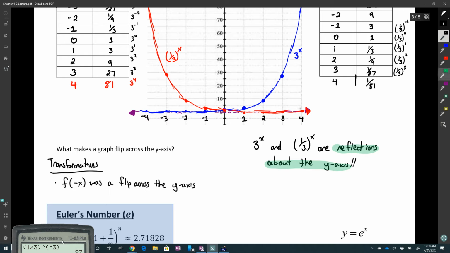So a flip across the y-axis is a horizontal flip. So they're the same thing.